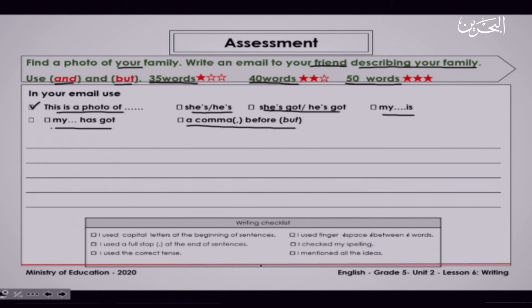You have to end each sentence with a full stop. You have to leave space between the words, and you have to check your spelling. And of course, use the correct grammar tense. And make sure to use all the phrases. Good luck. You have 10 minutes.